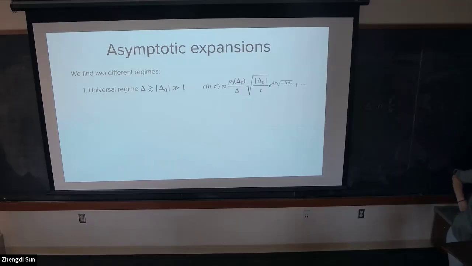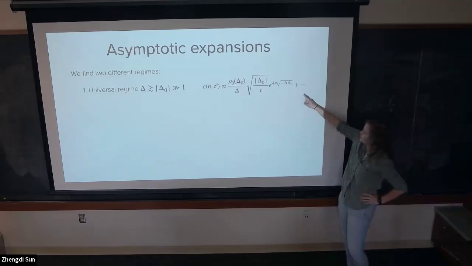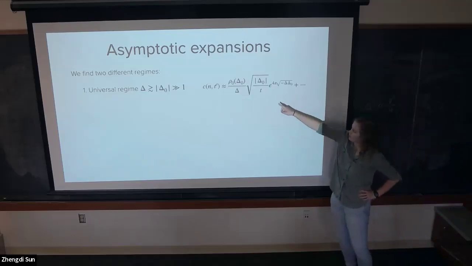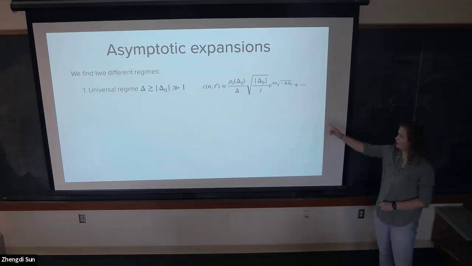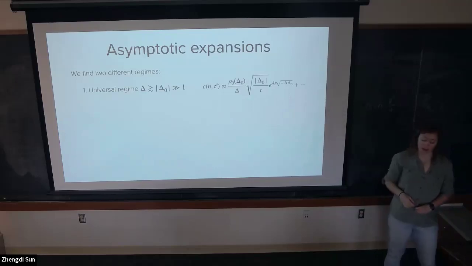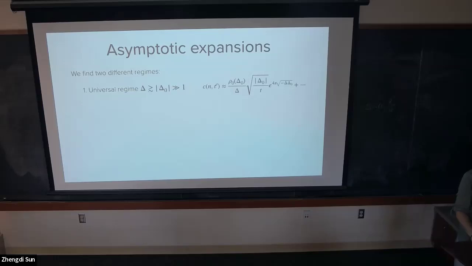With the approximation sign, I mean that I've discarded order 1 factors, but everything that scales with delta and delta 0 is there. Again, we see the leading order exponential, and then there's some logarithmic correction to that that depends only on this function that I called rho naught, which can be interpreted as a ground state degeneracy.